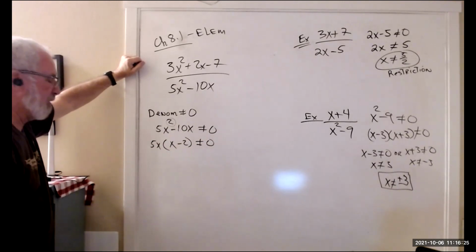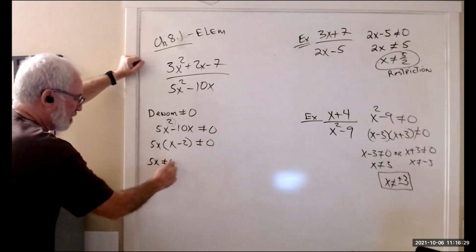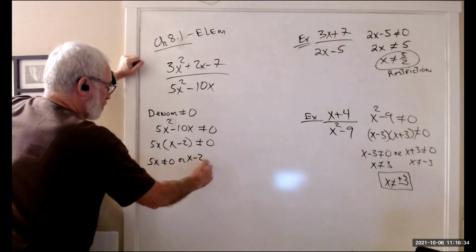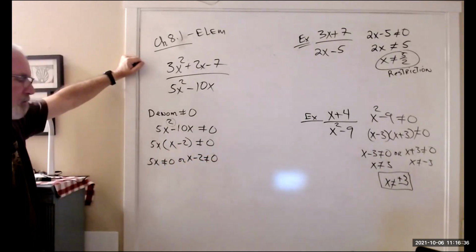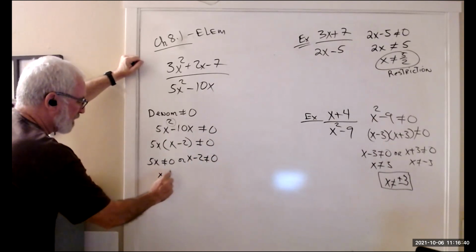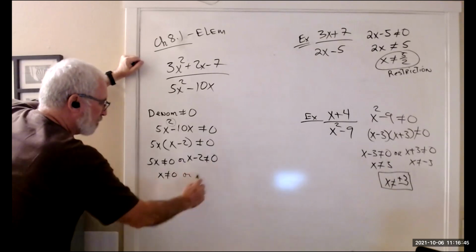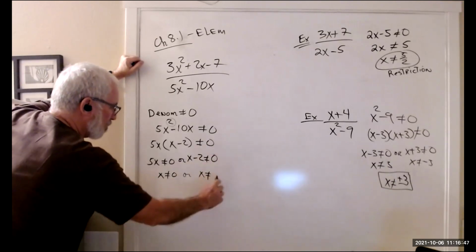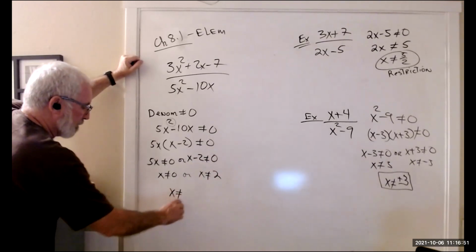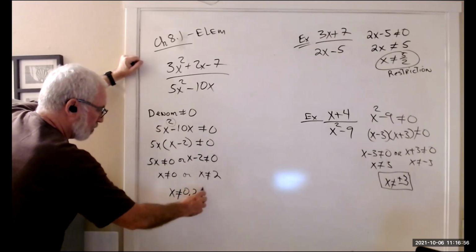I can't factor any further, so I separate it. I say either 5x can't equal 0, or x minus 2 can't equal 0. Divide both sides by 5, x can't equal 0, or add 2, x can't equal 2. So we put them all back together: x can't equal 0 or 2.